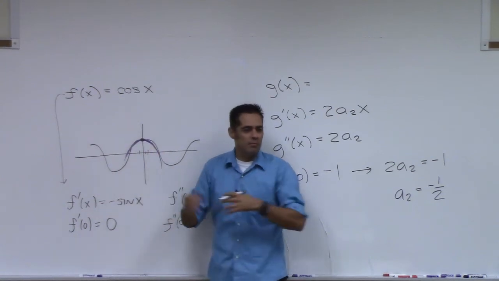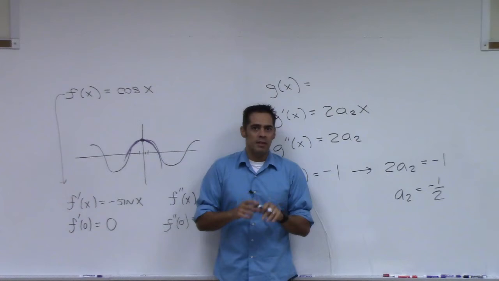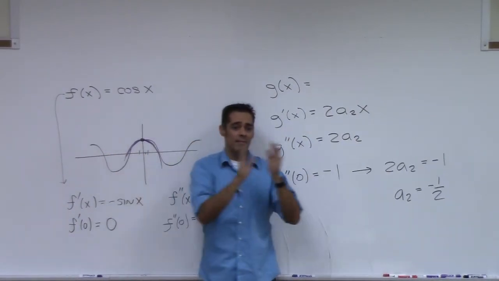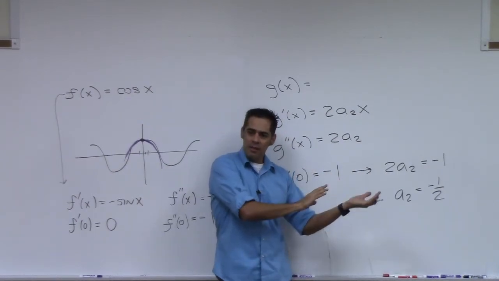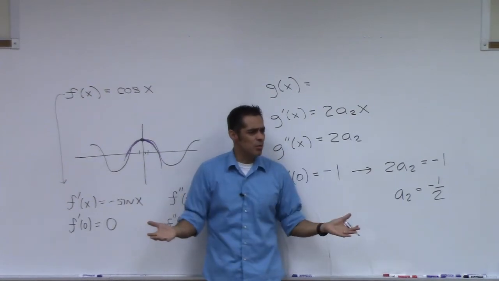And that's what I think I've mentioned to you before when we started this chapter. This is all about taking functions we know and representing them in a different way. And then all the calculus and algebra and everything that you have done here can now be done with polynomials, which are so much easier to work with, right?